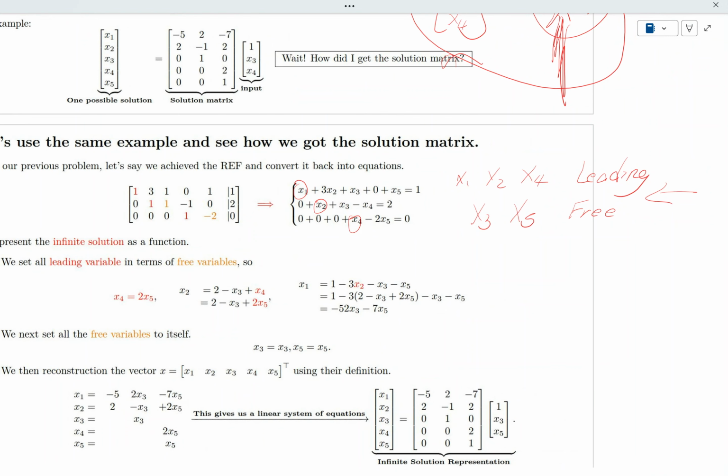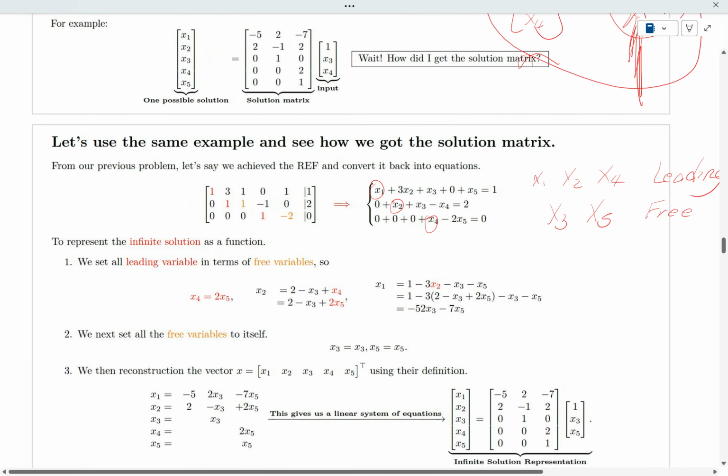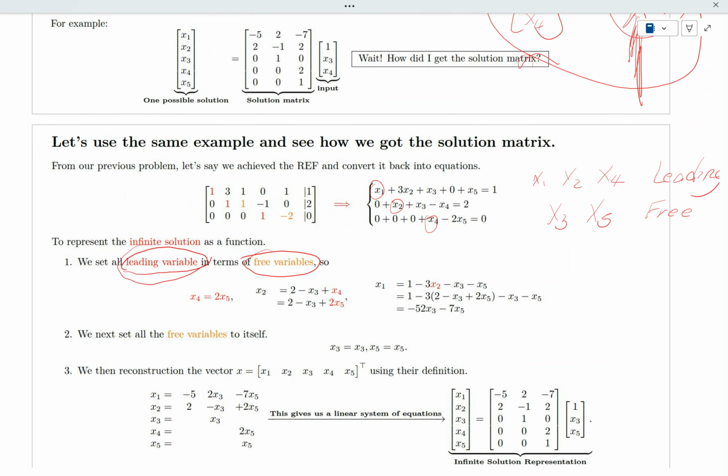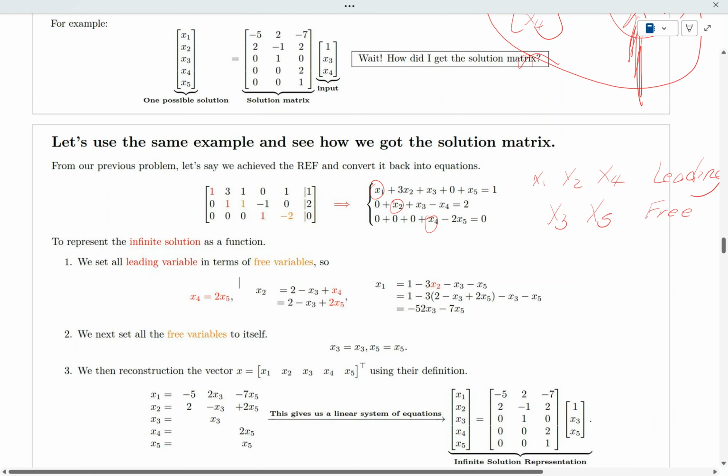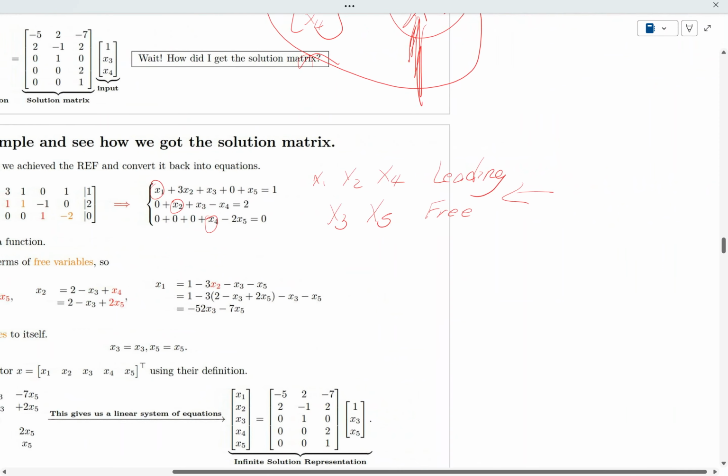all we have to do is to set all the leading variables in terms of free variable. Okay, I'll say that again. We will set all the leading variables in terms of free variable. Okay, what do I mean by that? Well, what is x1? Let's look at the very first equation for x1.